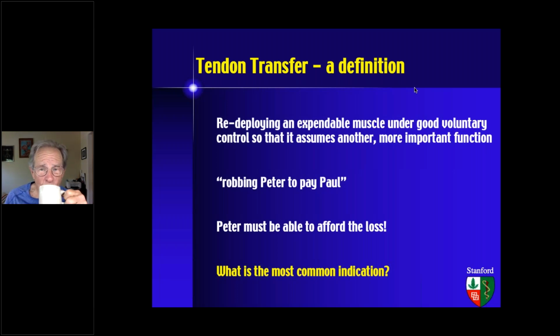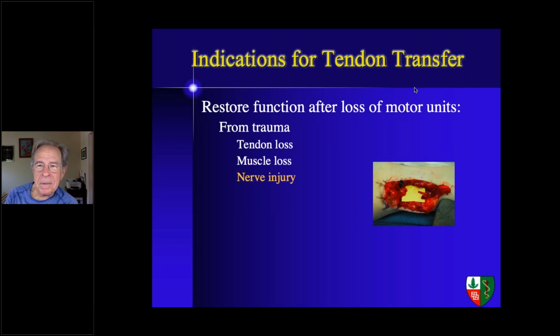I would say the most common indication for a tendon transfer would be trauma. Very good. Have you seen this talk before? No. You're right. It's the restoration of function after a loss of motor units from trauma. And this can be loss of a tendon, loss of a muscle, but more commonly, and we'll focus a lot on loss after nerve injury.